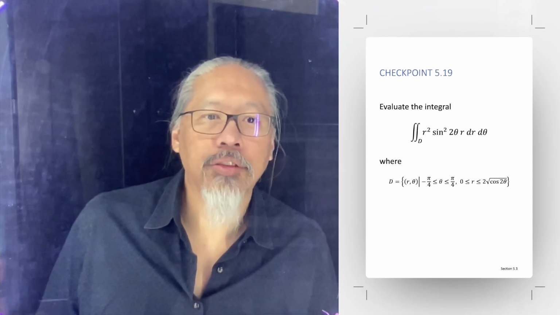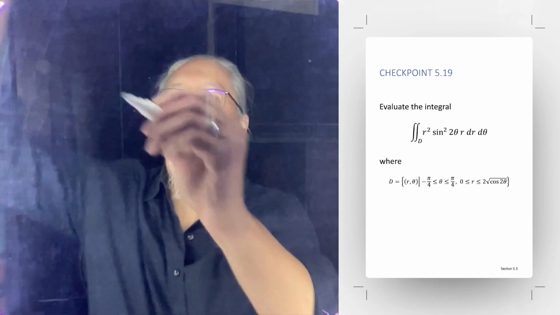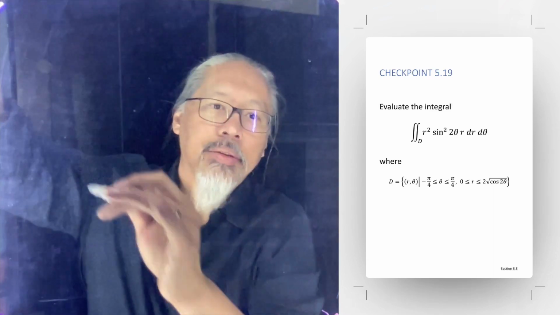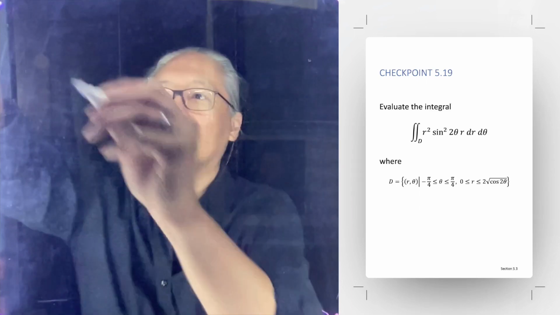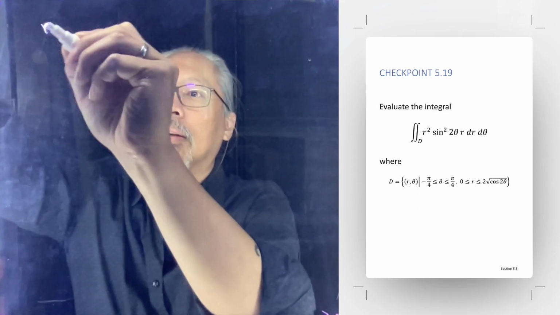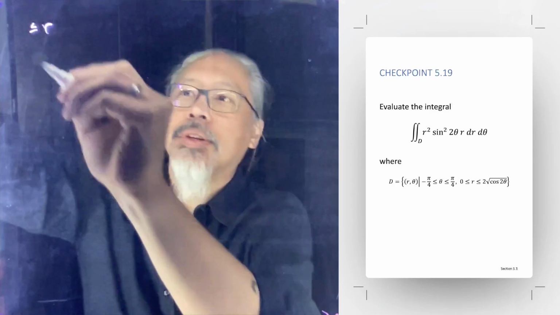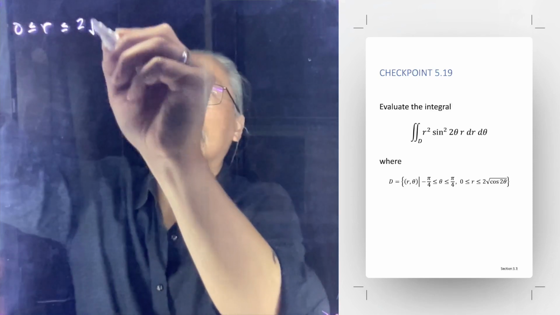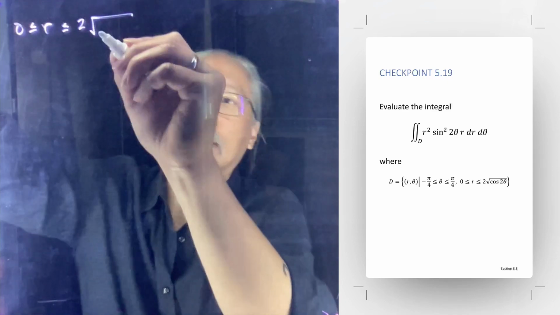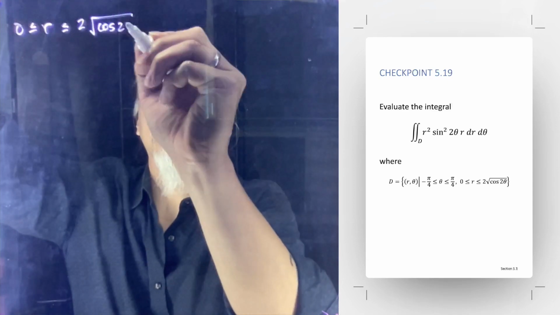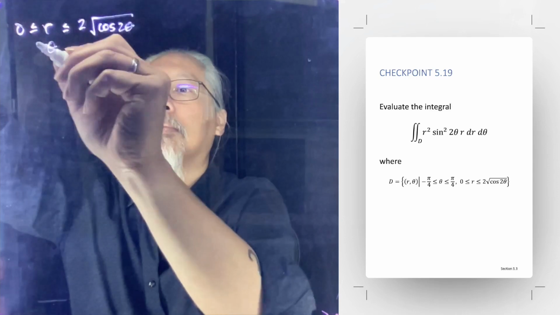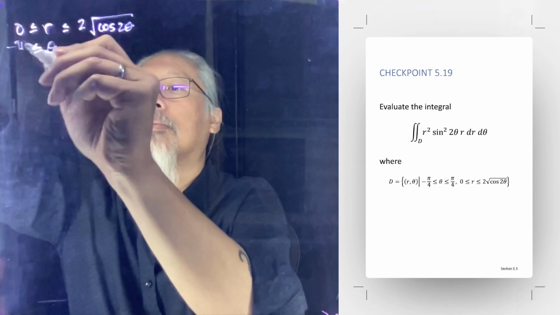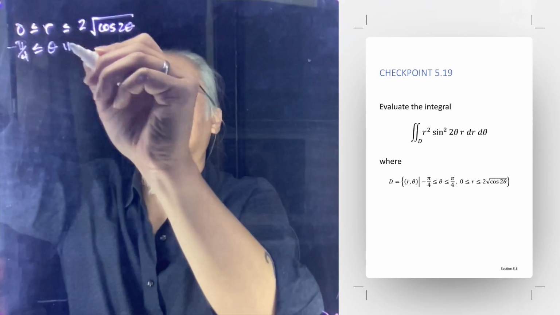Here we have our region, which is already given to us, so we can just write r goes from 0 to this function, 2 times the square root of cosine 2 theta, and then theta goes from minus pi over 4 to pi over 4.